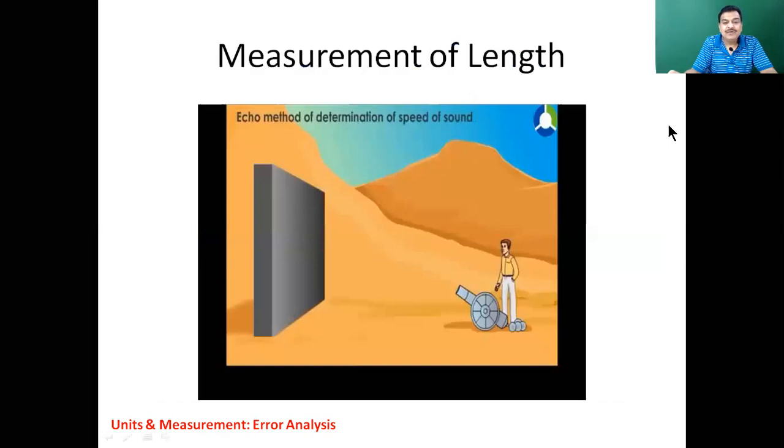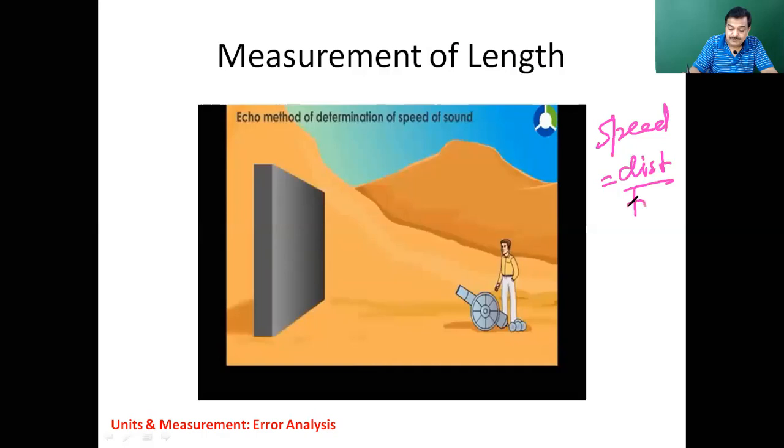Now, measurement of length or distance. Different methods are used. This is the echo method. You know what is the velocity, or what do you mean by speed? It is distance upon time. Speed is equal to distance upon time. Got it?